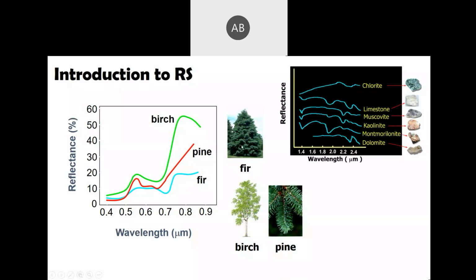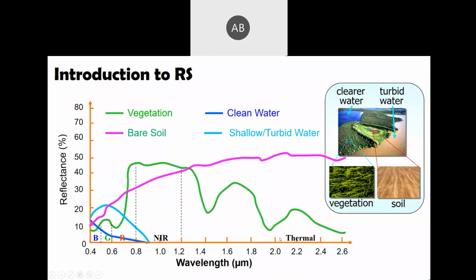Okay. So later on, I'll be highlighting the same thing. The spectral signatures of some of the very common things which we often come across are like this. Here on the slide, on the right hand side, you see clear water.